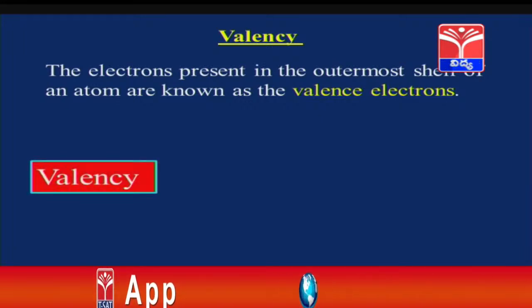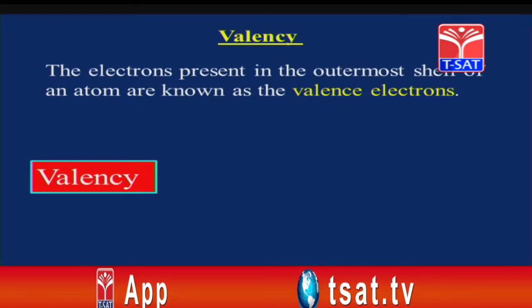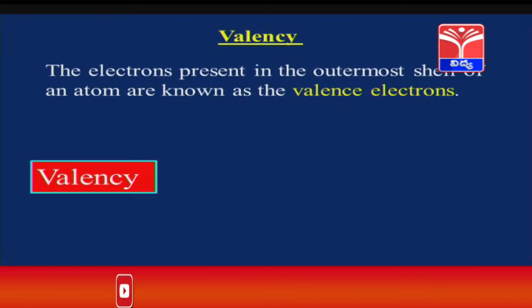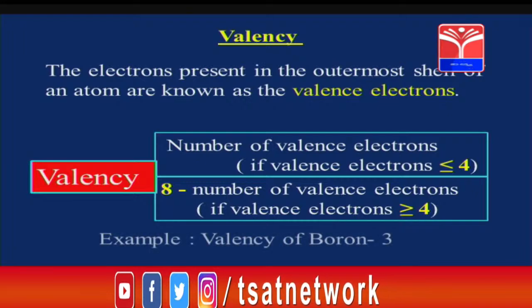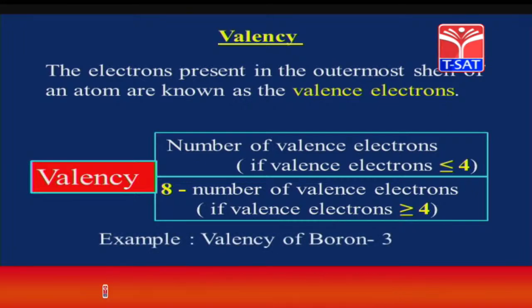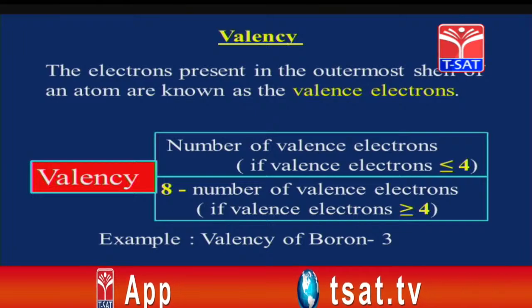For a carbon atom, in the outermost shell 4 electrons are present, that means carbon's valence electrons are 4. Valency, the combining capacity of an element, is known as valency. This valency can be determined by knowing the valence electrons.